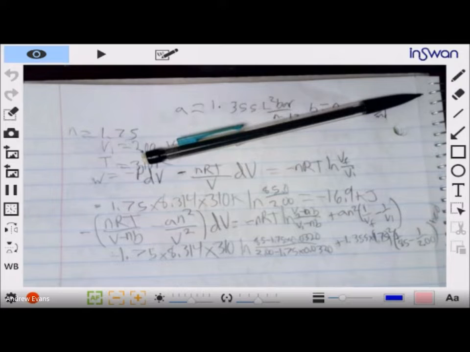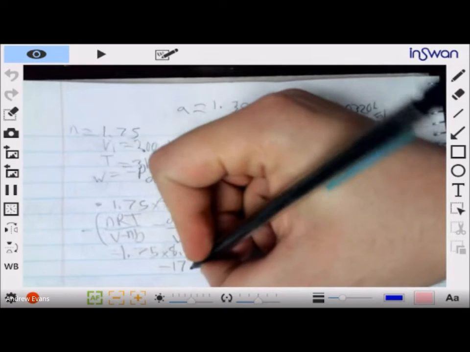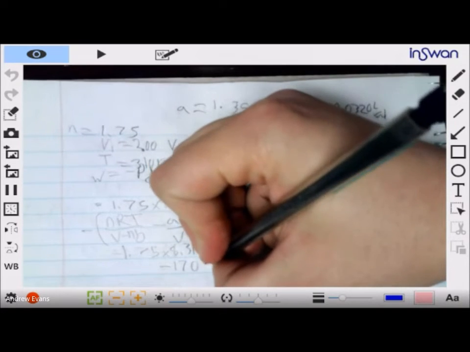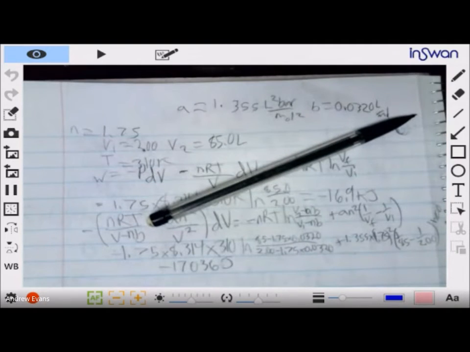So that natural log term works its way out to 3.777. Multiply by my temp, multiply by my R, multiply by our moles again. I'd get something like negative 17,036 joules.